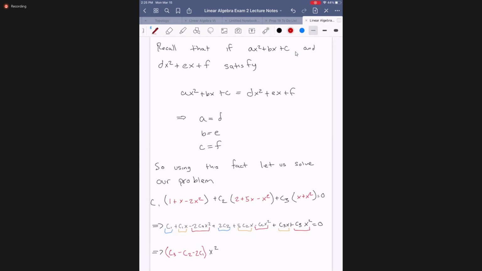Now gather all the terms with the x: I'm just going to have c1 plus 2c2, and that's it. And then all the constant terms: c1 plus 5c2 plus c3, and all of this equals 0.